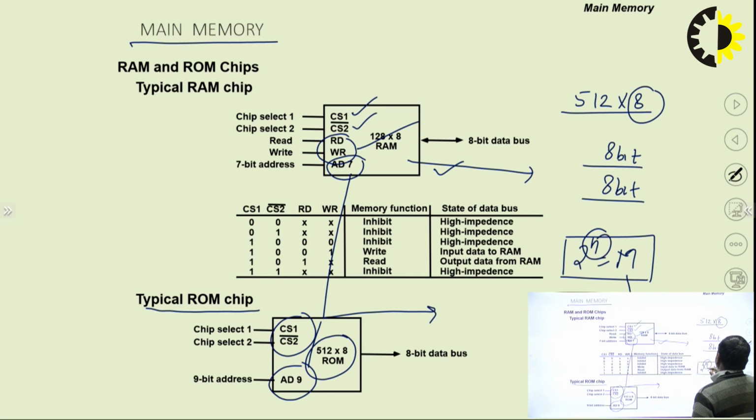And a small n is the total address line. Now this value is represented in this format.